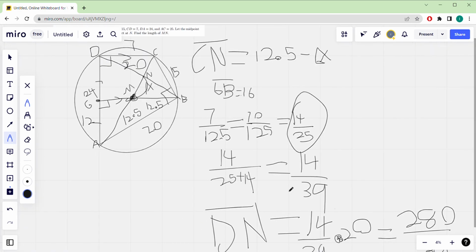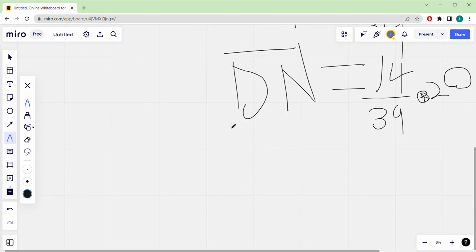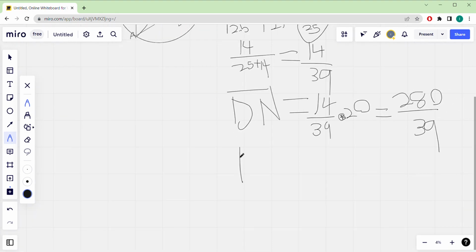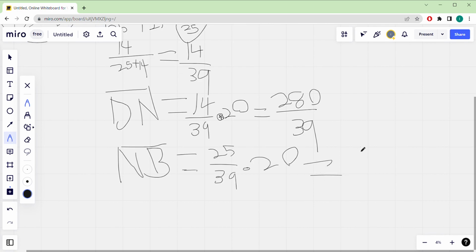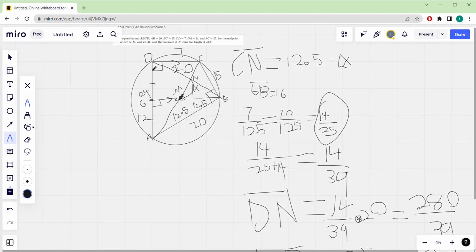And then the length of NB similarly must be 25 over 39 of 20. And this is just equal to 500 over 39. And so we have the separate lengths for both DN and NB, and we can just now use the power of a point theorem.